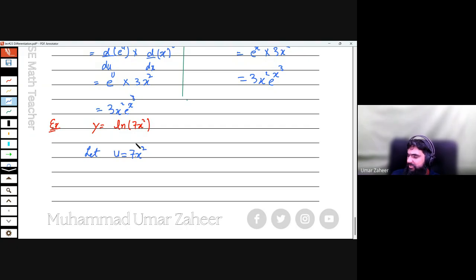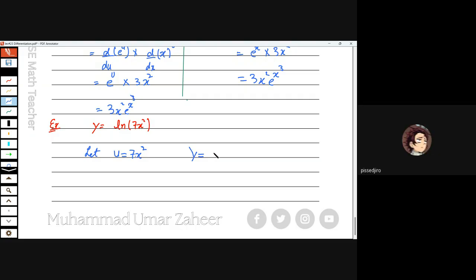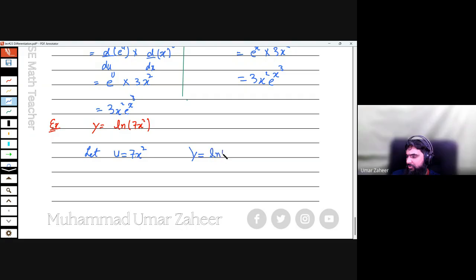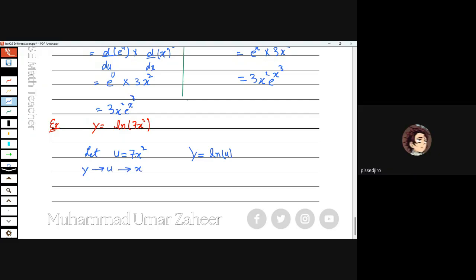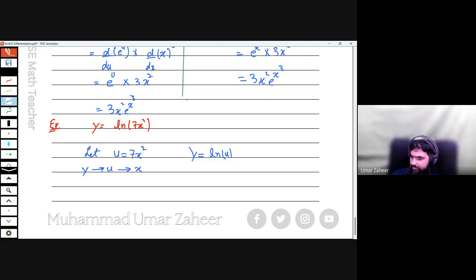If u is equal to 7x squared, what is the value of y? Natural log of u. Y is the function of u, and u is the function of x.